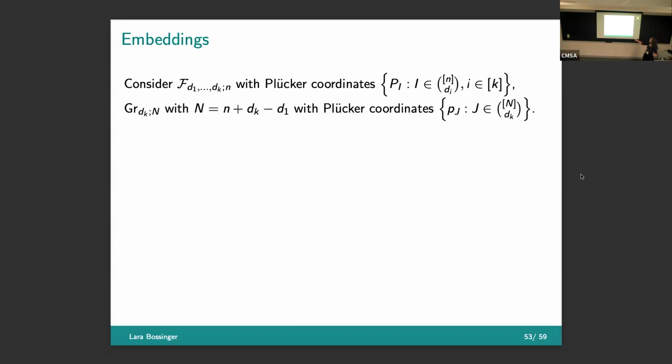For a given flag variety with indices d1 to dk in k to the n, I'm going to go to a Grassmannian that remembers dk, the largest dimension in my vector. And capital N is what I need to fill up from d1 to dk, so it's n plus dk minus d1. The Plucker coordinates for my Grassmannian are lowercase p's.